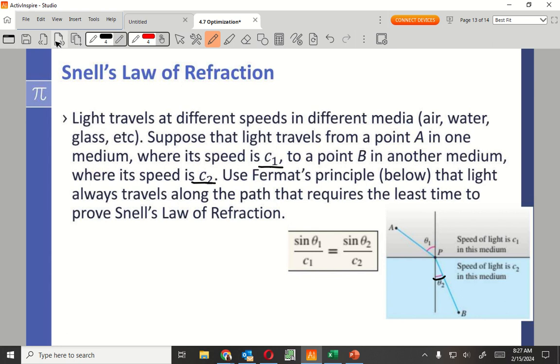If you throw it directly at the fish, you're not going to hit. Because of the way light refracts, if you were to go directly at the fish, you would miss it. It would go over the fish. So you have to try to go below the fish, because the way light refracts, you're not actually seeing where it currently is.